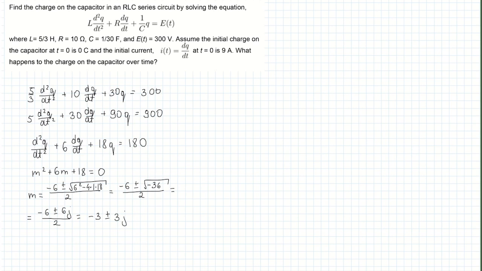If the characteristic equation has a complex solution, that means that the general solution of my function will have the form e to the power of the real part of my solution, so minus 3t, multiplied by a constant times cosine of the imaginary part of my solution, so 3 times t, plus another constant times sine, with the same argument, so the imaginary part multiplied by t.